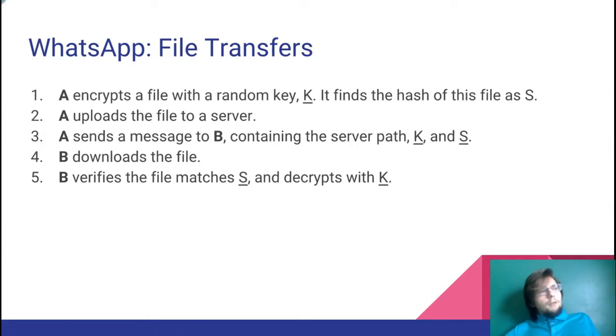B can now download the file and verify that the file matches the hash in that message S, and will decrypt it with K. Because of the hashing, it ensures that it is the valid file, and because the shared secret K shouldn't be available to be stolen, you can be sure no one else is going to have access to this message, including the WhatsApp server that's storing it. The WhatsApp server has no idea what the shared secret is. That was only sent in a secure message to B.